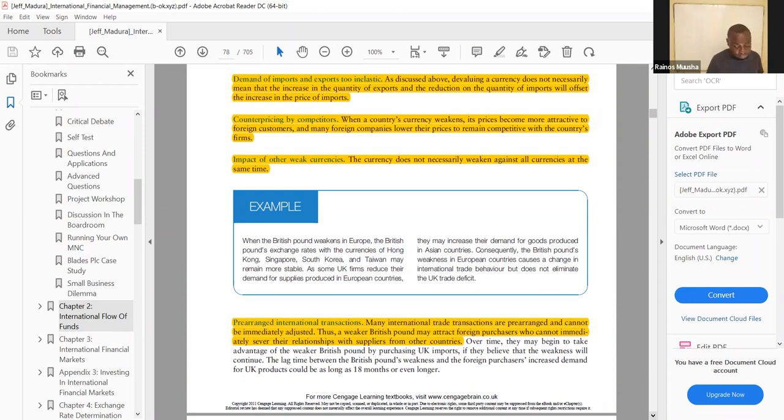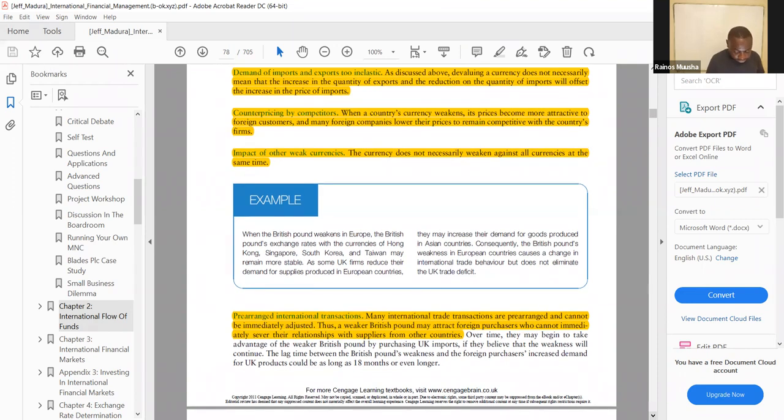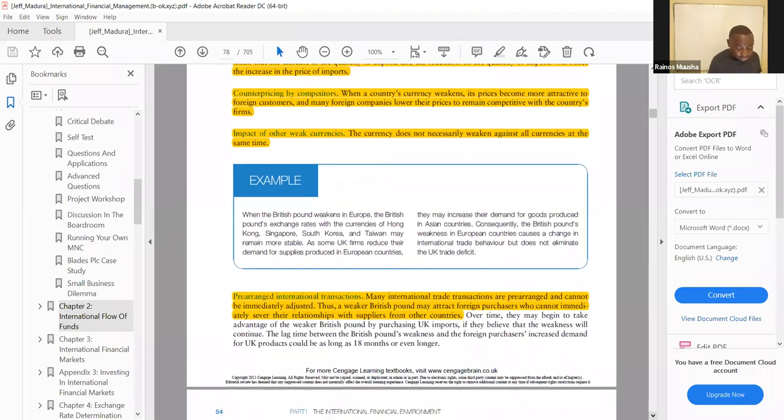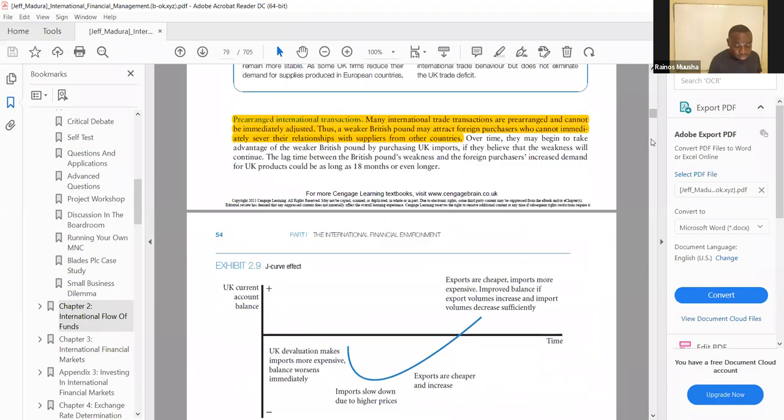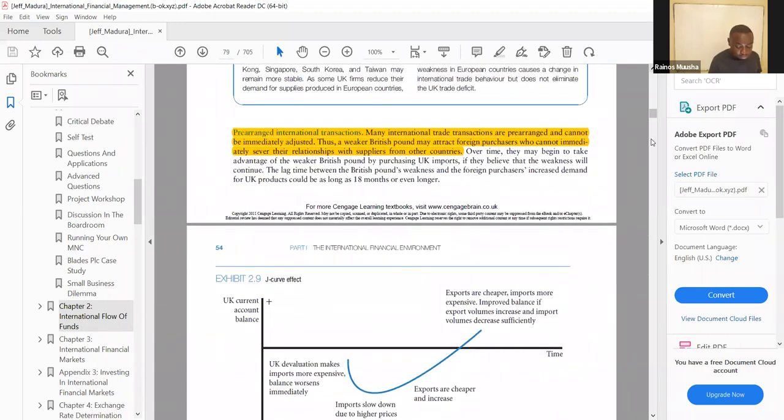So where our currency depreciates in value, it's still not going to end up affecting the customers, because even if it's attractive to them, they are not going to be able to move between those currencies. They're not going to be able to change their demand for the goods and services.